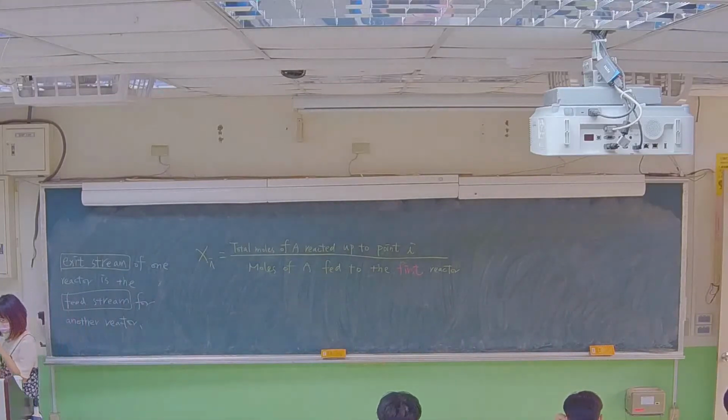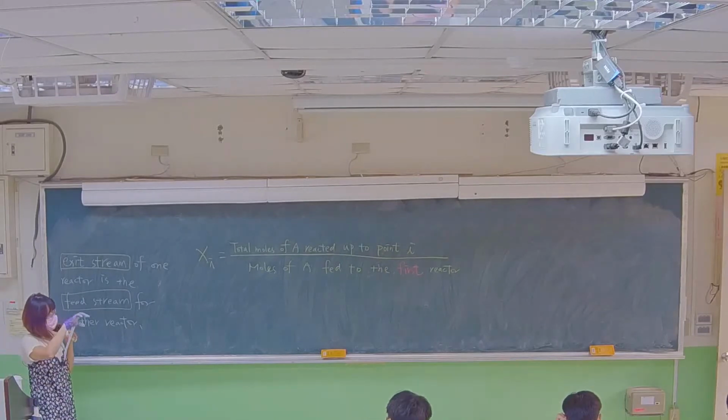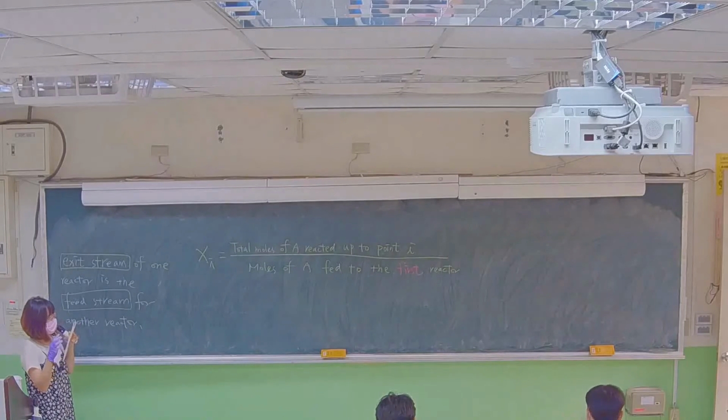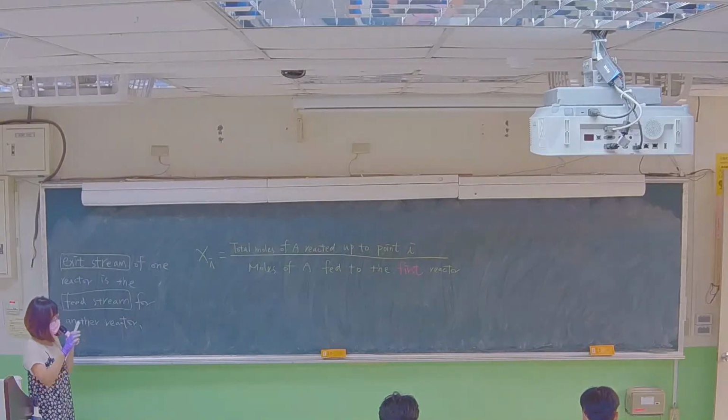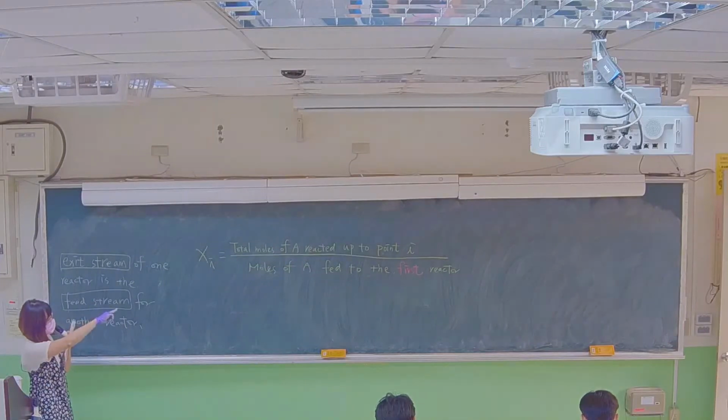What is point i? Point i is the point after passing reactor i. So after passing the first reactor, reactor 1, you will arrive at point 1.